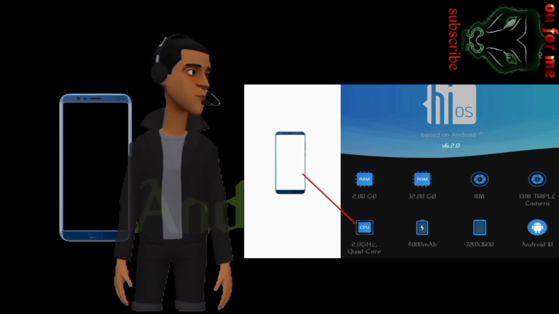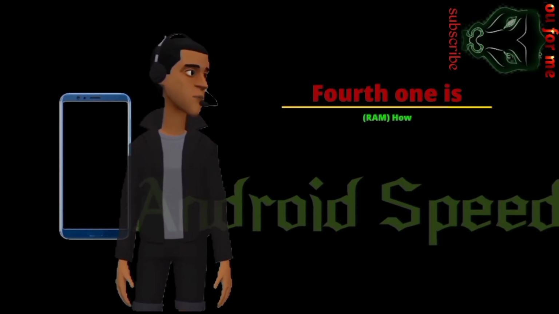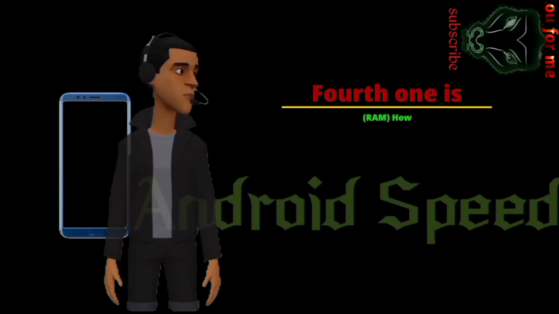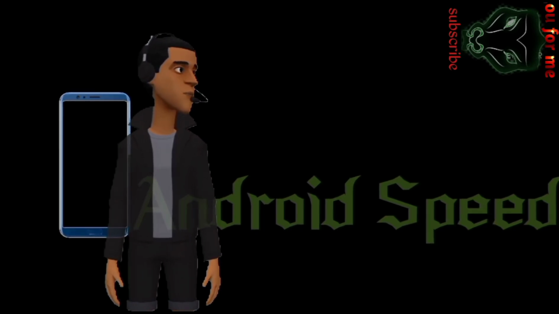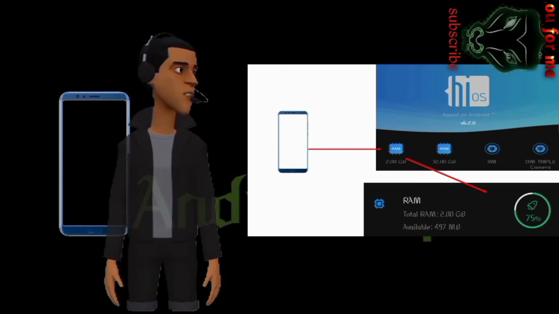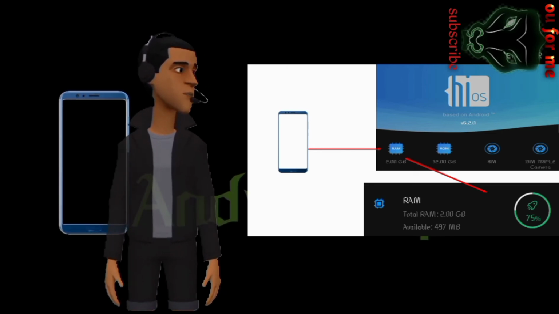The lesser the CPU, the slower the Android speed. The fourth one is RAM, which is the unlimited speed killer. How? When an Android phone device has a small or low RAM, it reduces its speed by hanging.